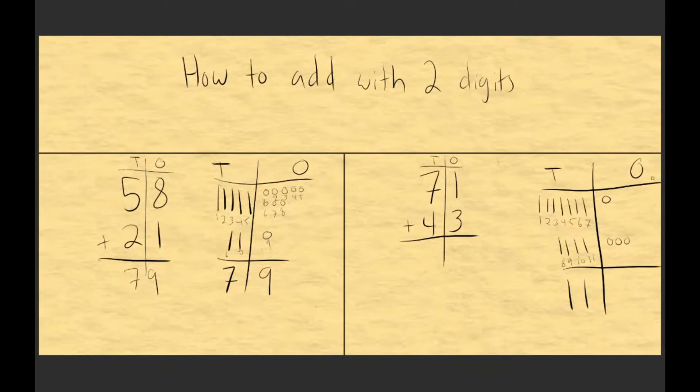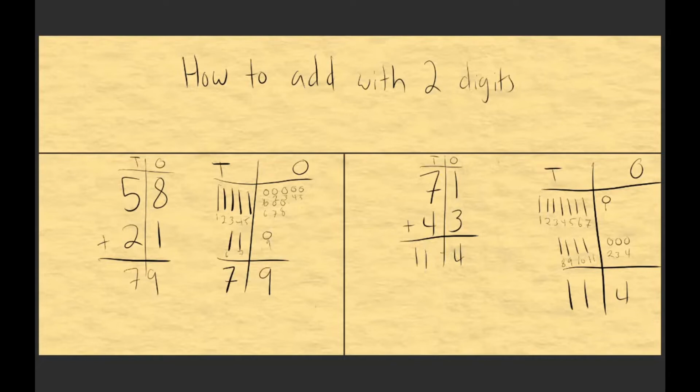Let's count up our ones. 1, 2, 3, 4. That means I have 11 tens and 4 ones. Now this number is not 11-4, it's 114. Even though there are 11 tens, we don't say 11-4.